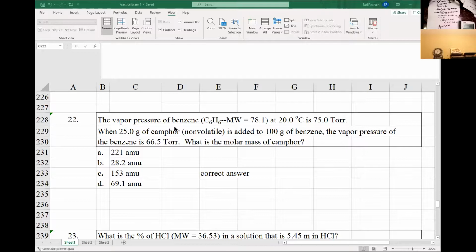That's not right. I made a mistake. Oh my goodness, this is a bad one to make a mistake in. Divided by molecular weight is equal to 1.4436.